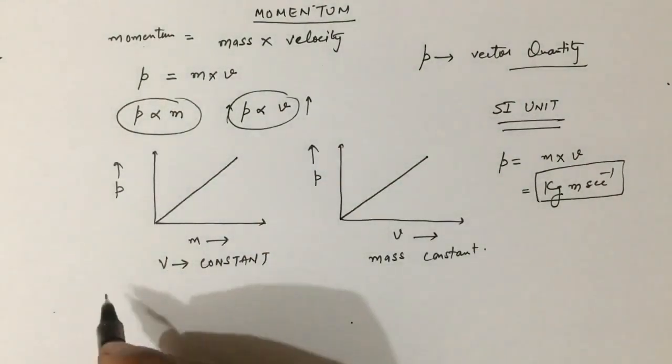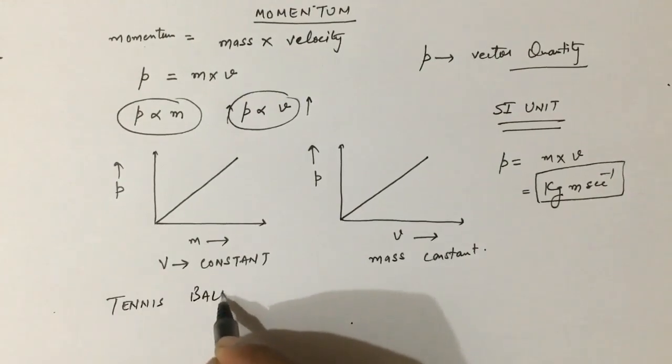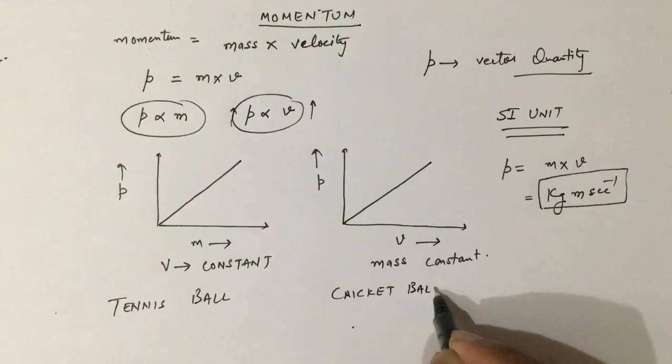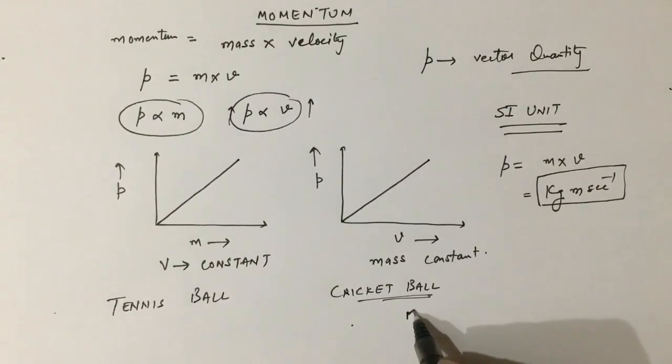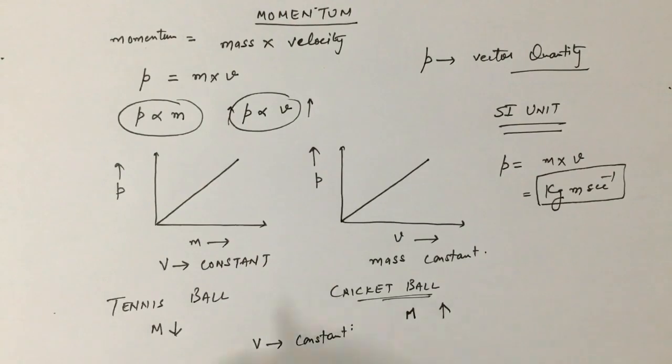Let us understand the concept of momentum with an example. Suppose we have two balls, a tennis ball and a cricket ball. We know that the mass of the cricket ball is greater, but the mass of the tennis ball is less as compared to the cricket ball. Suppose these two balls are moving with the same velocity, means the velocity is constant in this case.